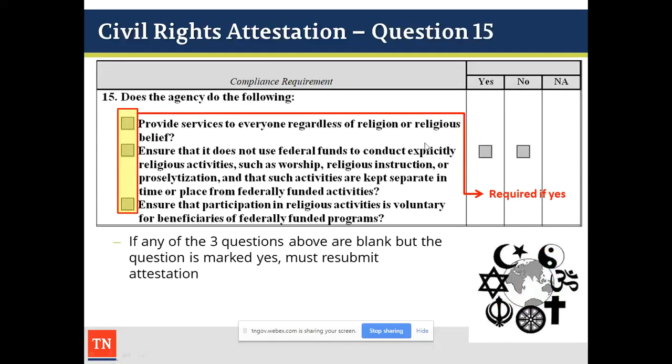So if your agency answers this yes, but one of these boxes is blank, then you're going to have to either answer it no, or you'll have to answer all of these yes. You cannot answer yes if you cannot say that you do all three of these things. And that's going to be the case on several of the next questions that we go over.